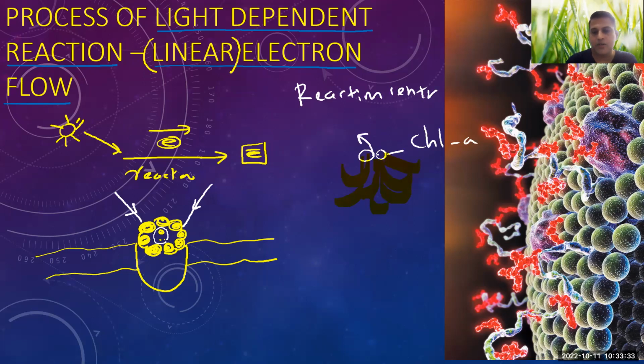The electrons start to move out of these molecules, called excited. Light energy is captured by the pigments, and then the electrons are excited. After the electrons are excited, these electrons move into the primary electron acceptor.